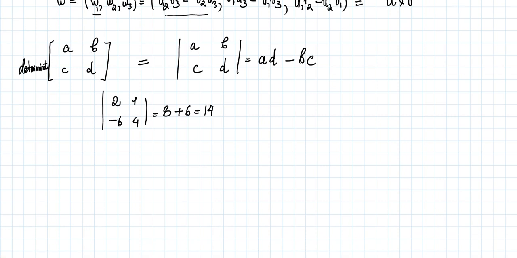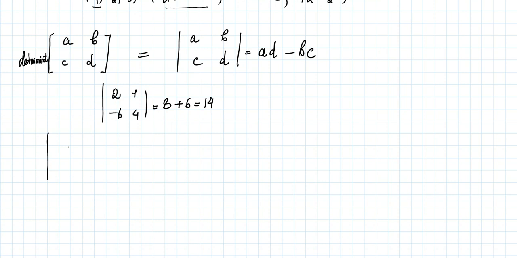So now, if you have this three-dimensional matrix, let me write this: u1, u2, u3, v1, v2, v3, omega 1, omega 2, omega 3. This is going to be equal to, so you need to go through the first row, for example. You need to take the first component of this matrix and cross this out.